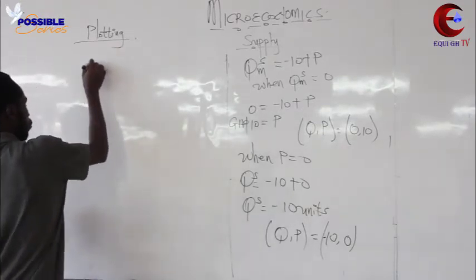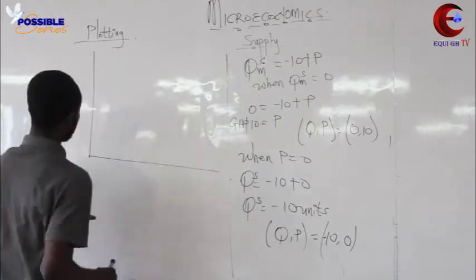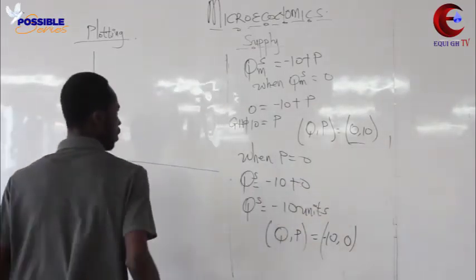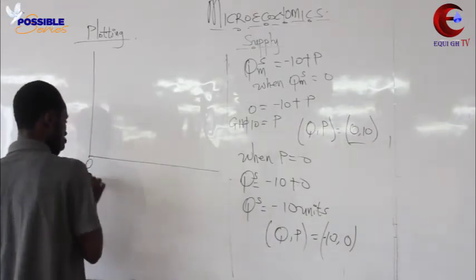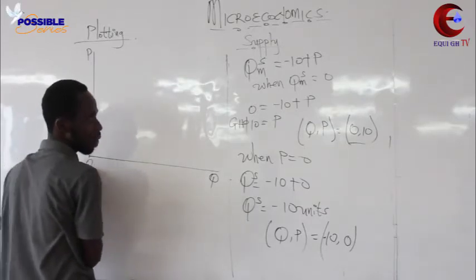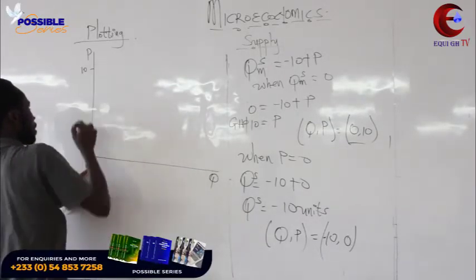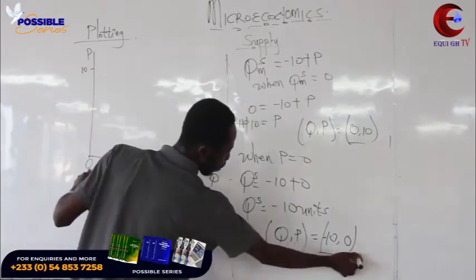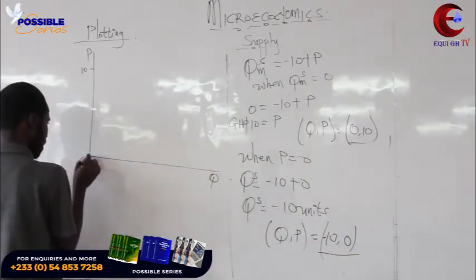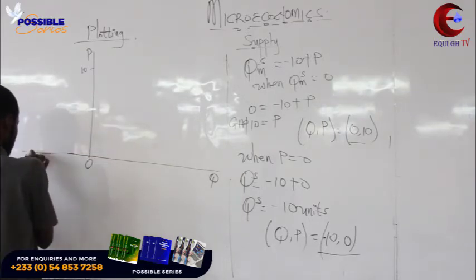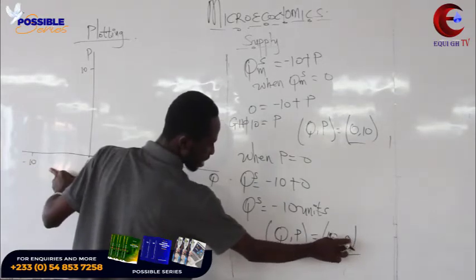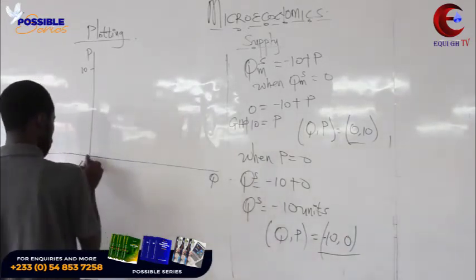So we have this one. The first point: when quantity supplied is 0, price is 10. And the second point: when quantity supplied is negative 10, I have to extend to this side, it's negative 10, and price is 0.